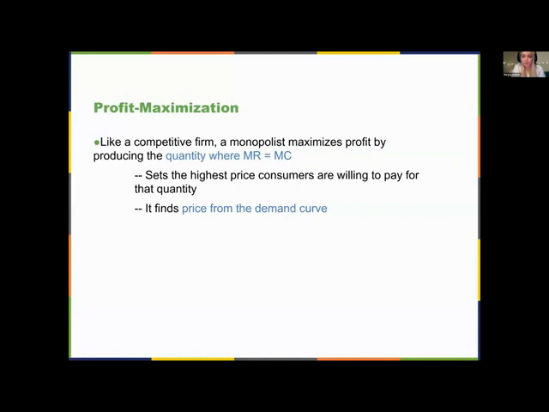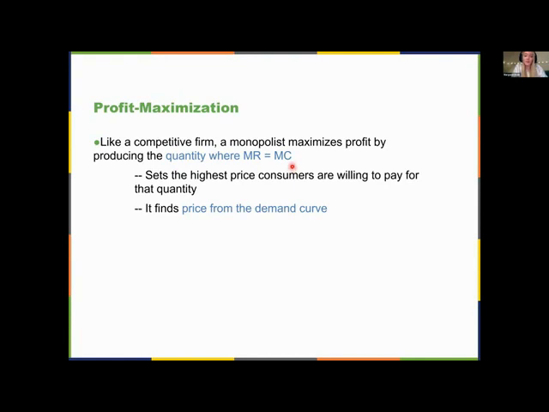But there is one similar step when we compare it to finding the quantity for a perfectly competitive market. And that step is, a monopoly maximizes profit by producing the quantity where marginal revenue is equal to marginal cost.